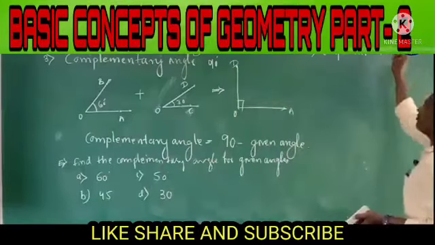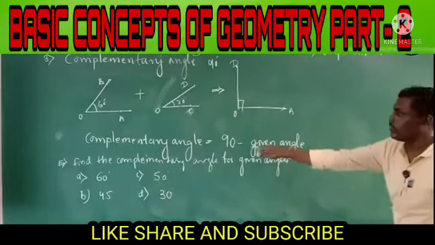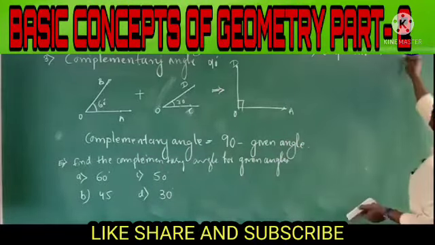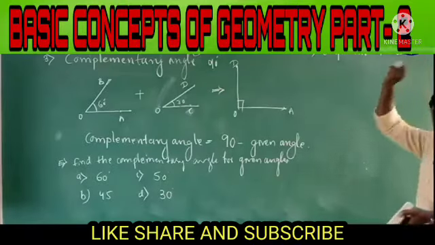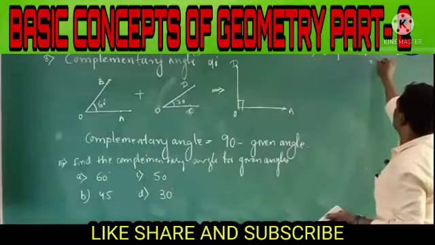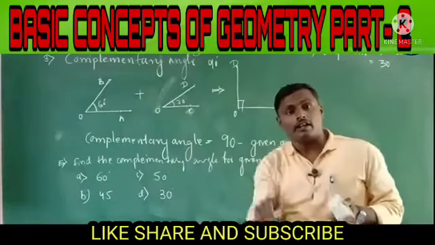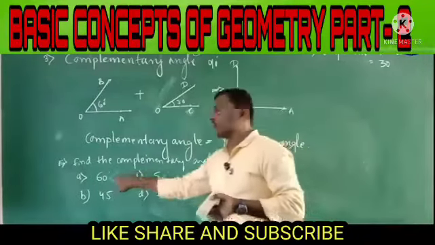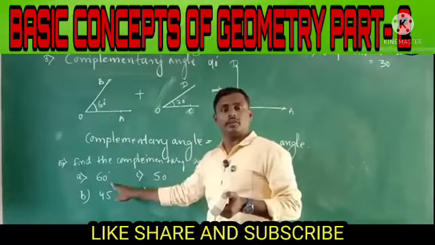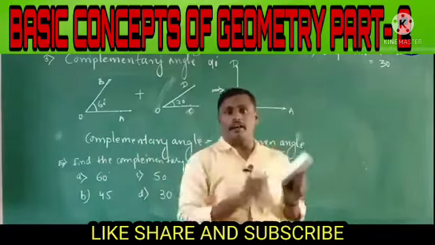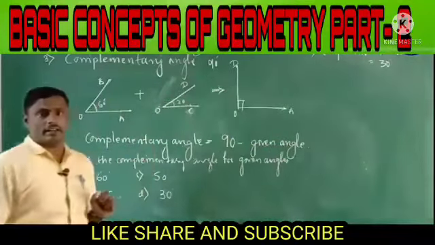So 90 minus the given angle, 60 degrees. So 90 minus 60 is 30 degrees. 30 degrees is the other complementary angle for the given angle. While adding those two angles, we get 90 degrees.